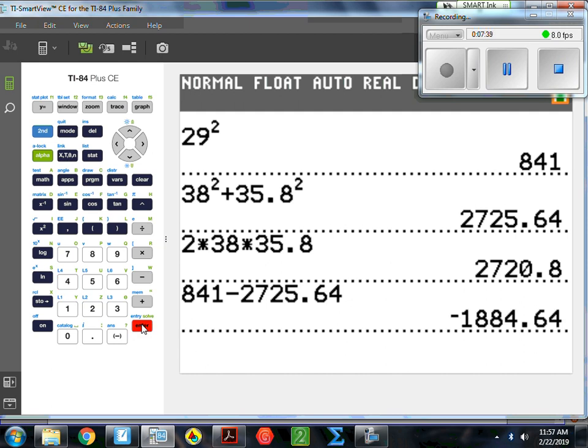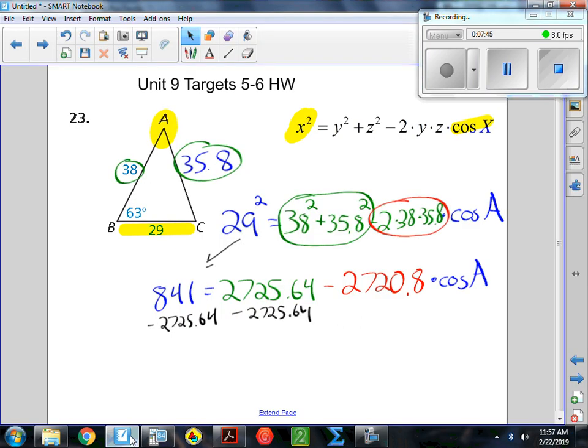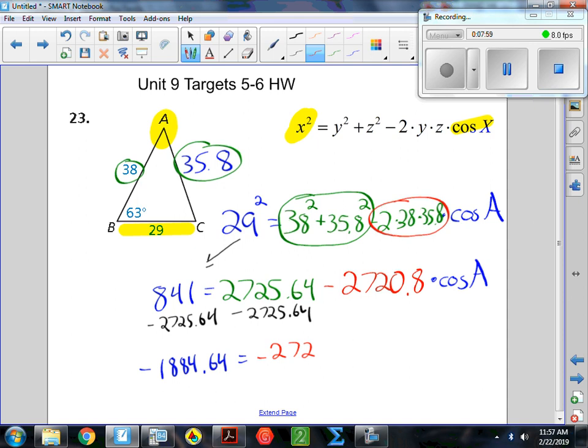So now I have this negative 1,884.64. And I still have this negative 2,720.8 times cosine of A. We're going to divide on both sides by that negative 2720.8 number.